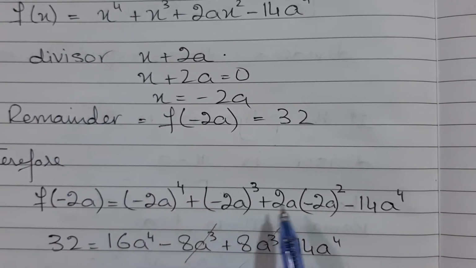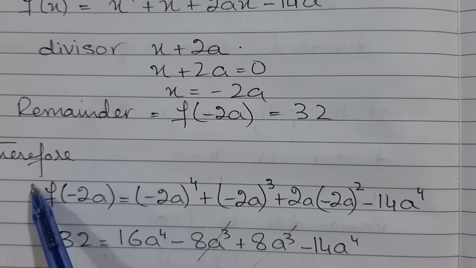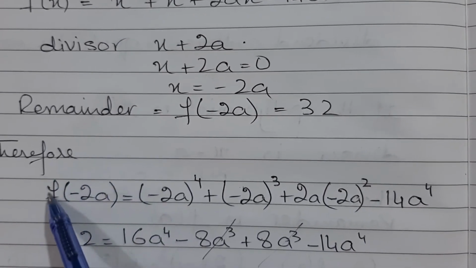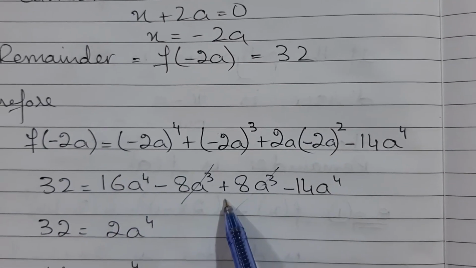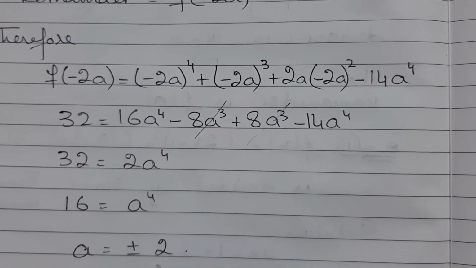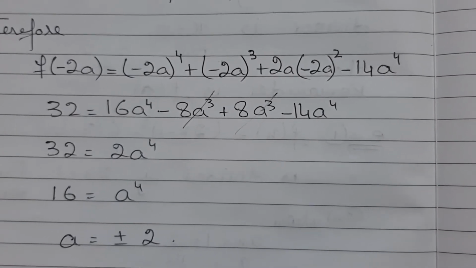You can see, right? And in place of this, I will write 32 because this gives me the remainder. And then I'm simply solving like algebra. And I got a equals plus minus 2. So this is the value of a.